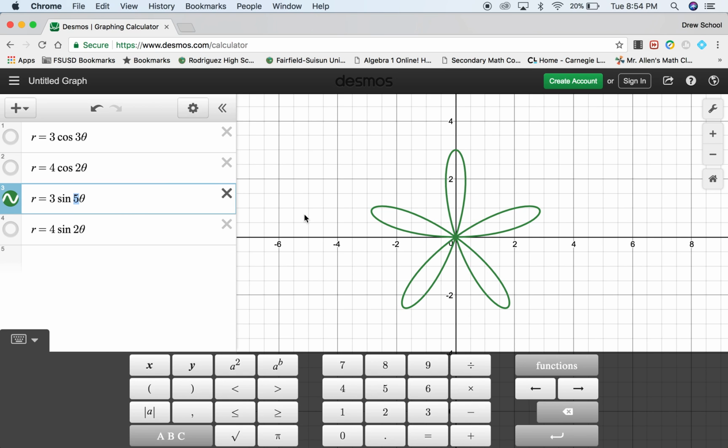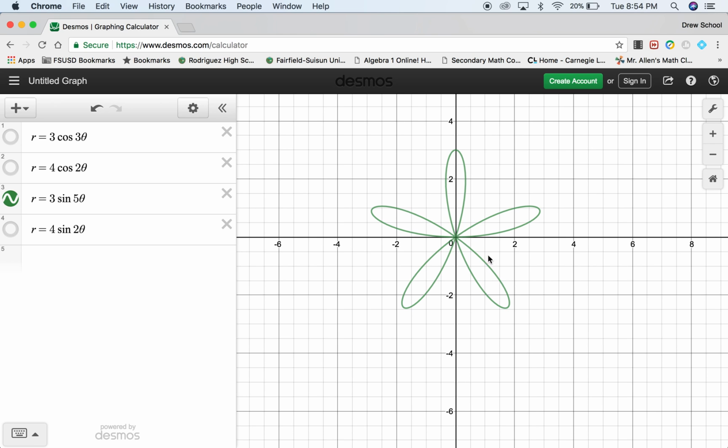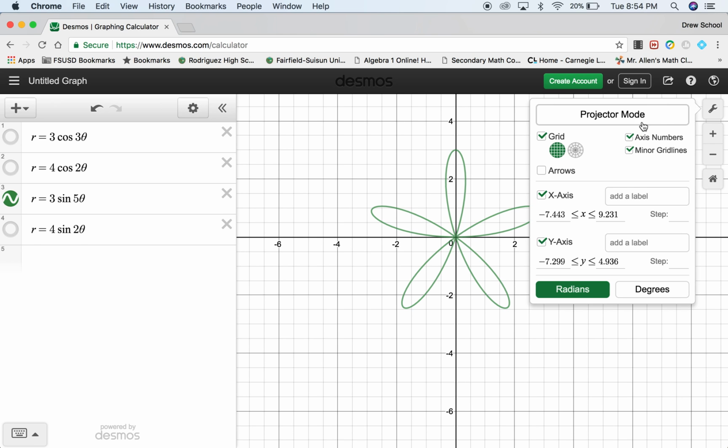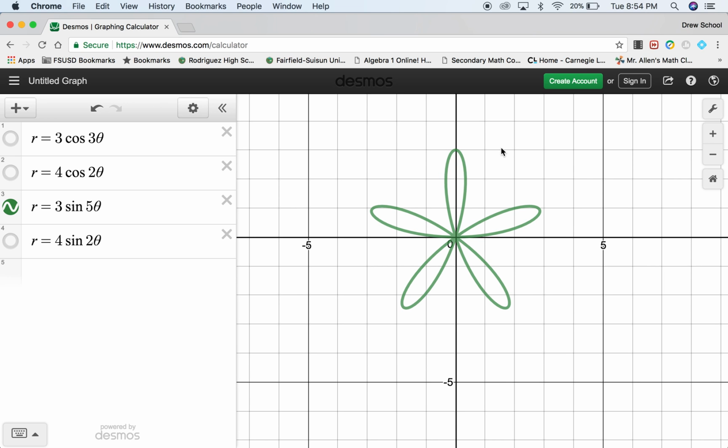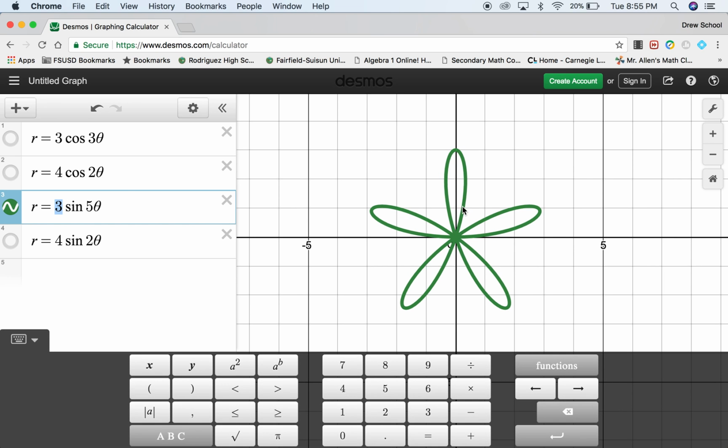Since our n value is odd, we have the same number of petals, 1, 2, 3, 4, 5. And since our a value is 3, each petal has a length of 3. So again, we have an odd n and sine, so it's symmetrical over the y-axis, with the same number of petals as the n value.